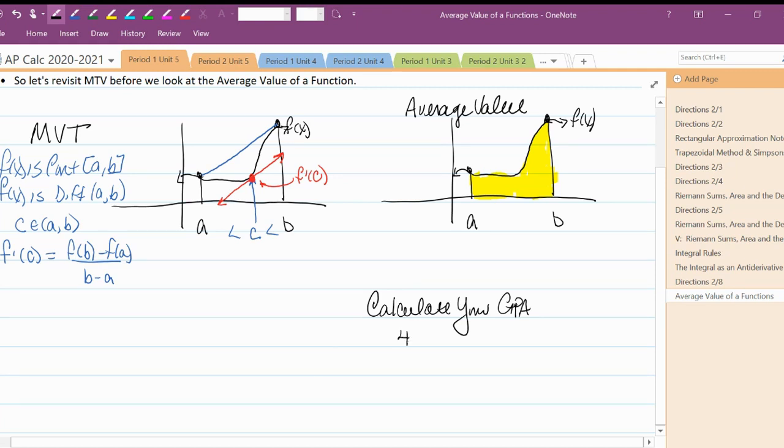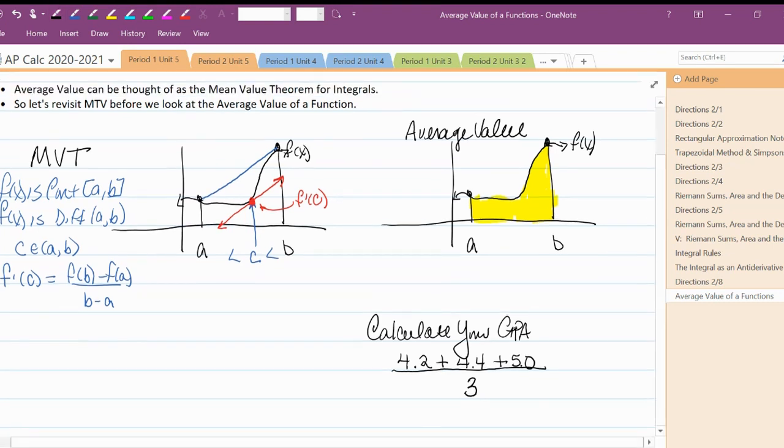So one semester you have a 4.2, next semester you have a 4.4, and then previous semester you had a 5.0. You would take all three of those semester GPAs and divide them by 3. And as you moved on in your high school career, you had more semesters worth of grade point averages, so that would be divided by however many semesters have elapsed.